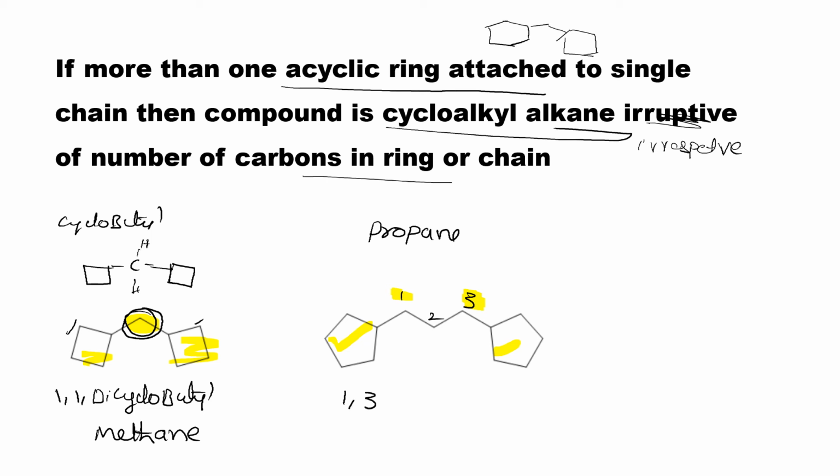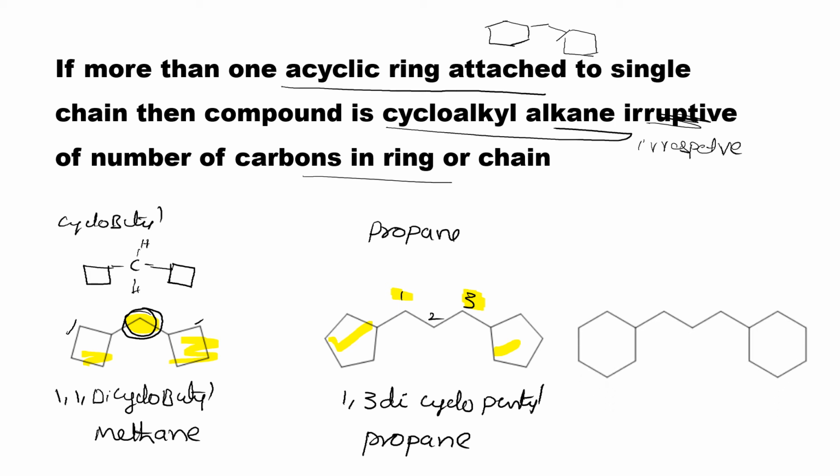Di means 2. Which ring is a 5-member ring? 5-member ring means pentyl. Dicyclopentyl propane. That's the name of this compound: 1,3-dicyclopentyl propane.